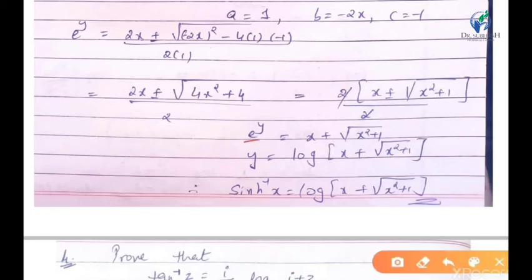Now to remove this e, we have to take the logarithm. So this will become y equal to log of x plus square root of x squared plus 1. Now we assumed in the starting that y equal to sinh inverse x. So we substitute here, and we get sinh inverse x equal to log of x plus square root of x squared plus 1.